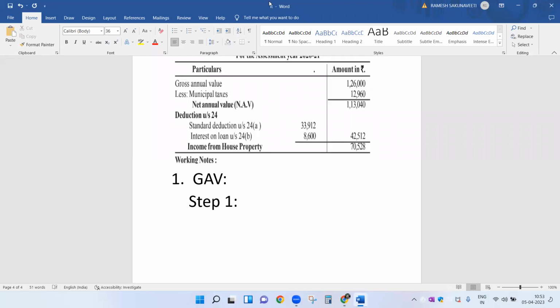In step 1, what are the two values that you are going to compare? Yes, MRV, municipal rental value, you are going to compare with fair rental value.